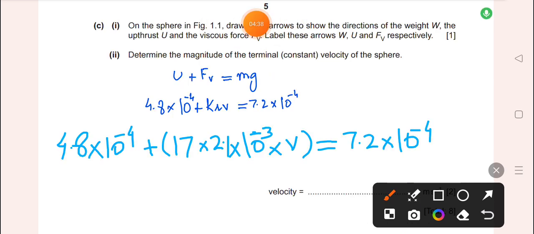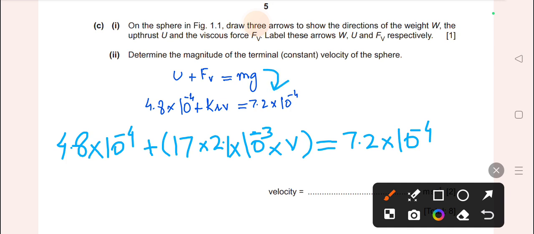Now next in the second part says determine the magnitude of terminal velocity. So when the velocity is constant, the object is in equilibrium and opposite forces balance out each other. So upward upthrust and drag force Fv will both balance the downward force weight which is given like that.